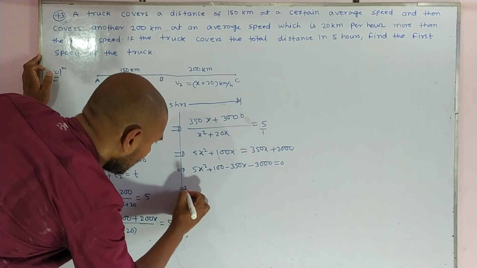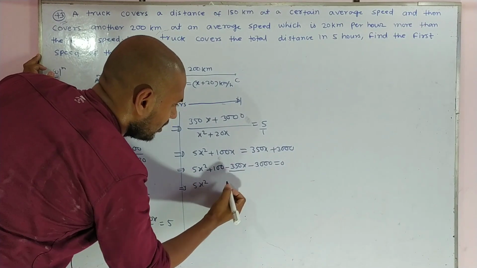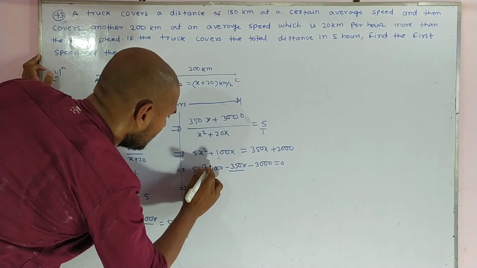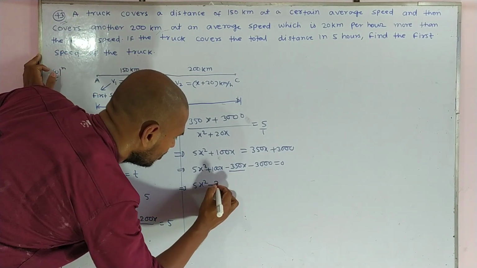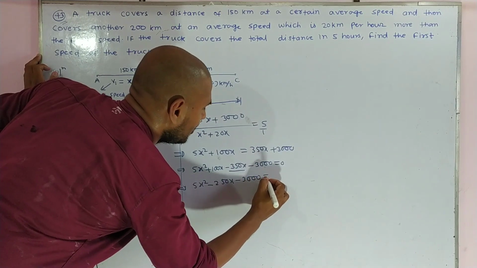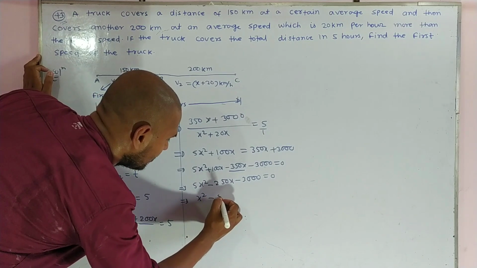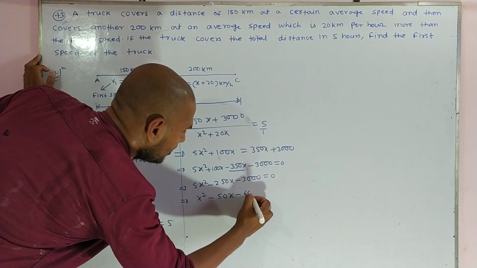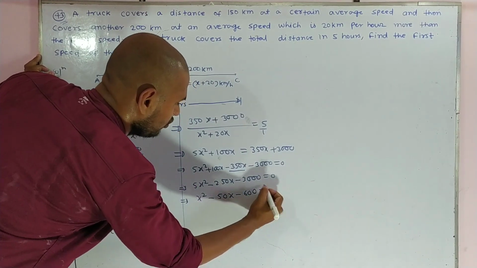And from here 5x square, and 100x minus 350x gives 250x, and minus 3000 will be available also. As you divide by 5, you get x square minus 50x minus 600, equal to 0.